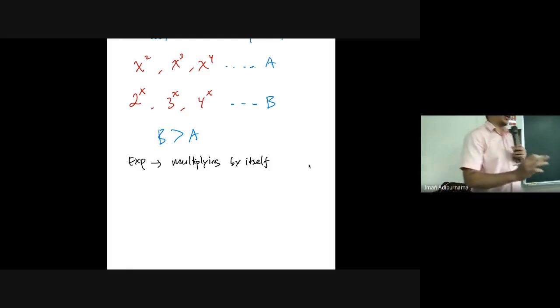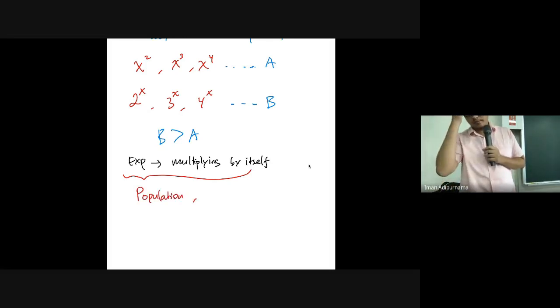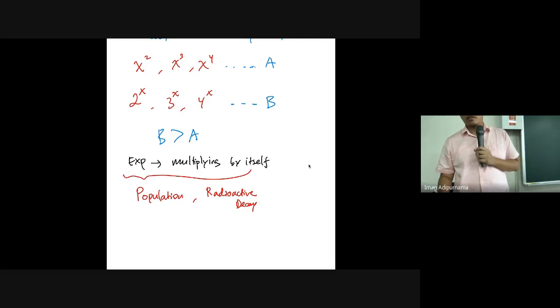That's why we can use this exponential to analyze populations, or if it is decreasing, say, radioactive decay, for example. But mostly we are using this for population because it will be getting larger.